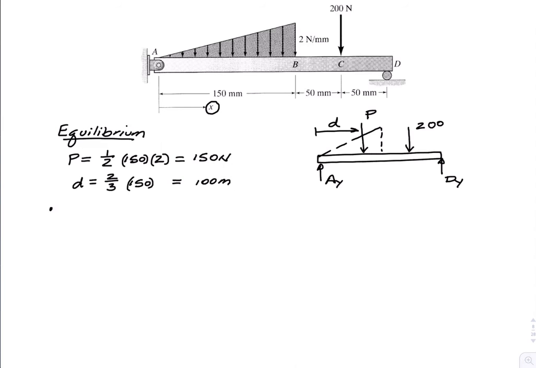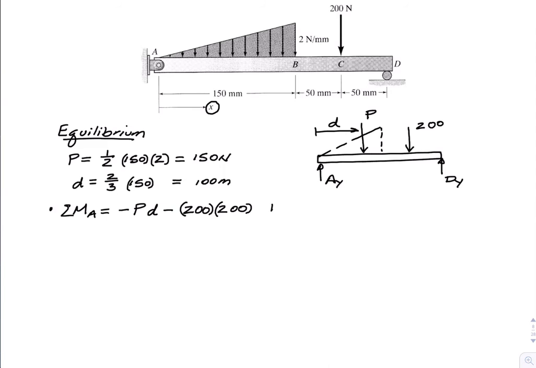Okay, so what I'm going to do first is make a moment equation, sum moments, about point A. So I have the resultant force P. It's got a moment arm of d. It has a negative sign. I have the 200 Newton force. That 200 Newton force is going to have a moment arm of 200 itself, and that's going to be a negative sign.